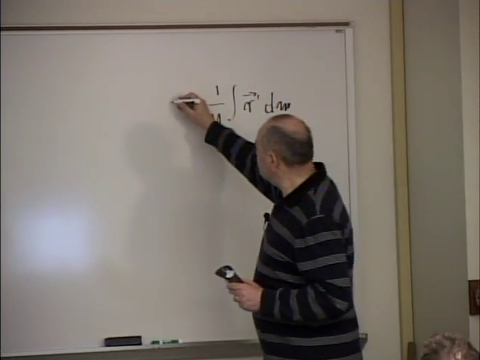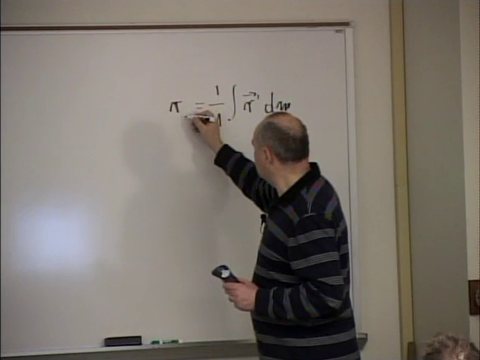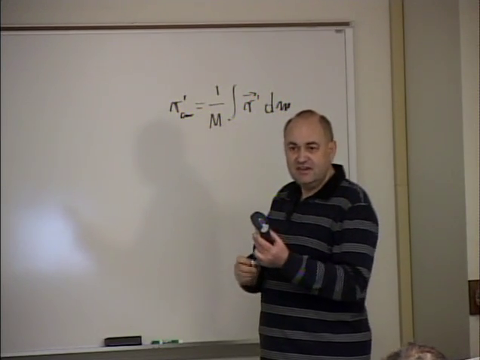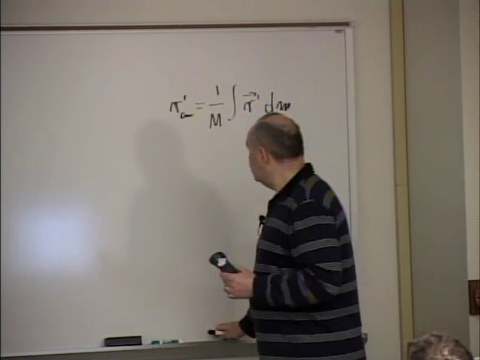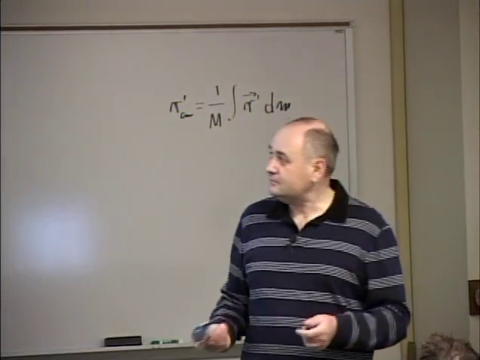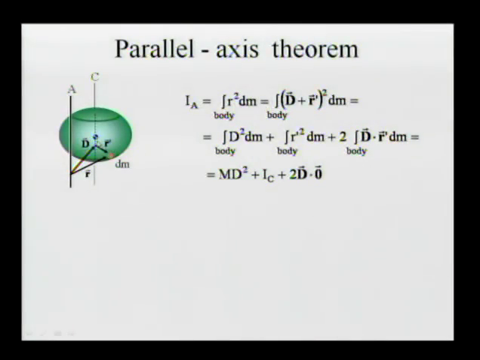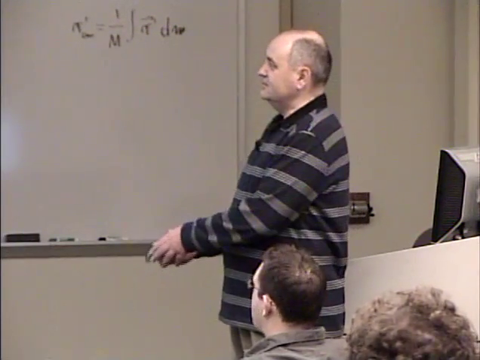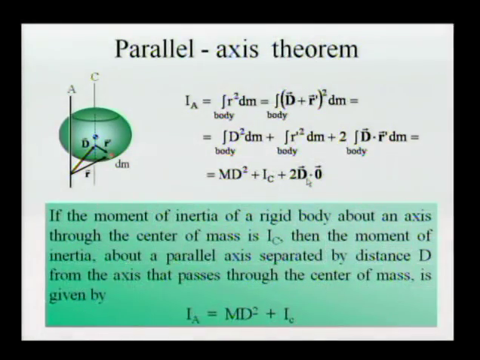It's going to be the position of the center of mass, well, the x and y components of the position of the center of mass. Do you see that? Now if the axis is passing through the center of mass, then it's a zero vector. The position of the center of mass with respect to the center of mass is a zero vector. So this is where I got that zero vector. Well, and we get a relationship between the moment of inertia about axis A and about axis C.